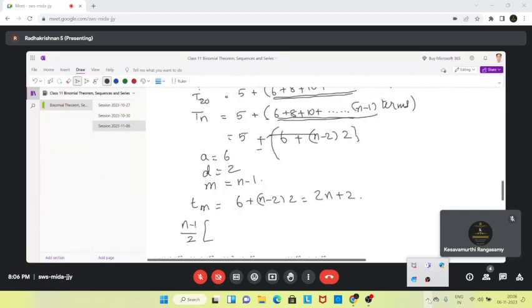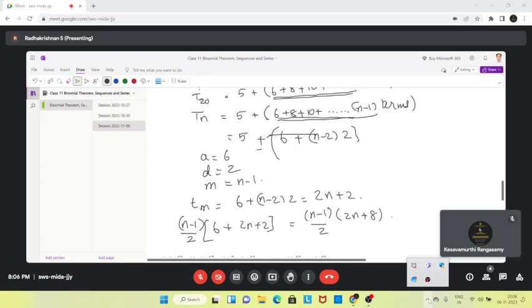So that is an easy way to remember. So 6 plus 2n plus 2 is 2n plus 8.